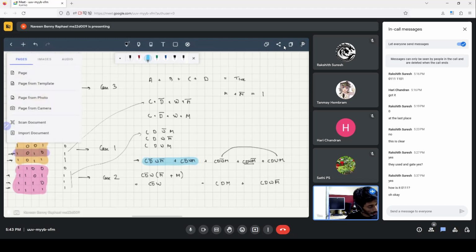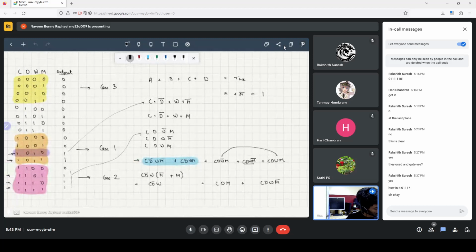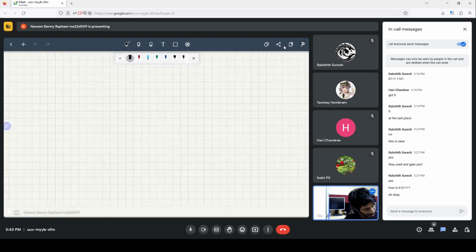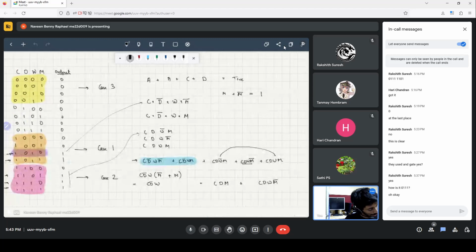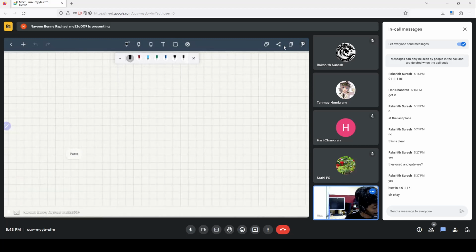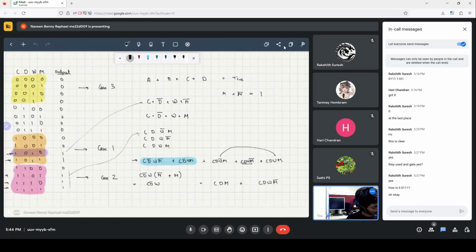We can draw the thing out. If we have 4 inputs, C D W M. Multiplication stands for the AND gate, and plus stands for the OR gate.